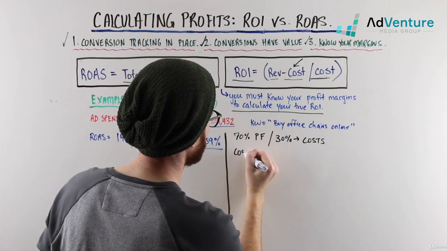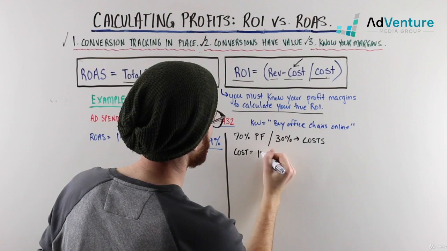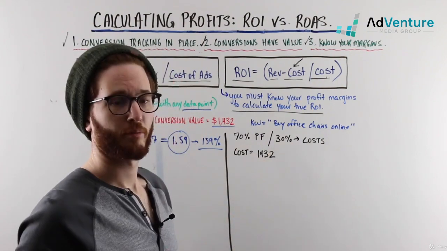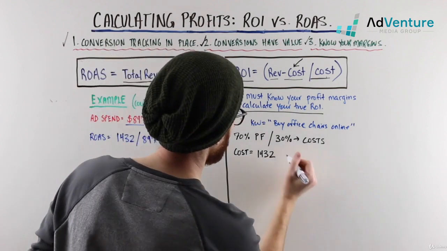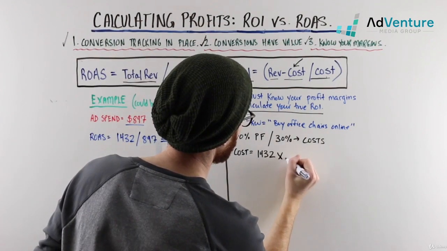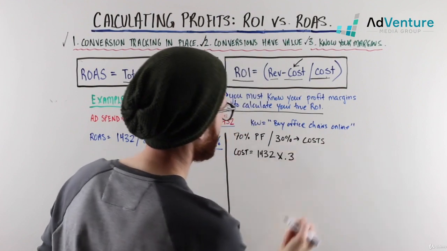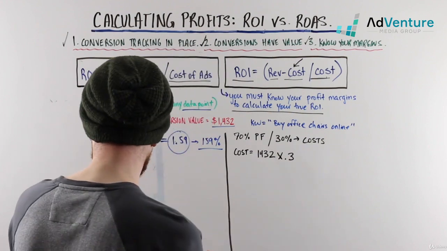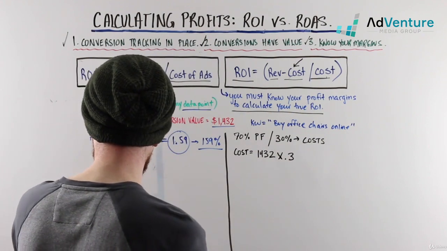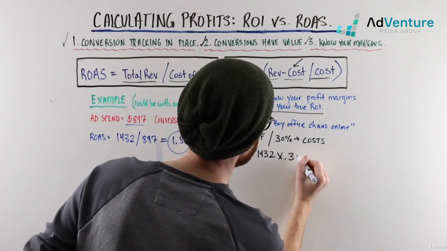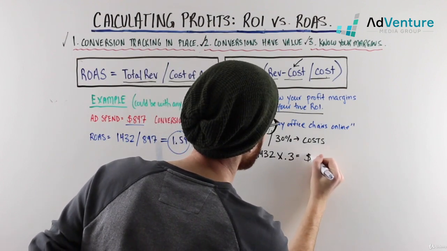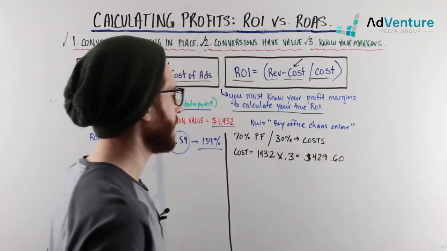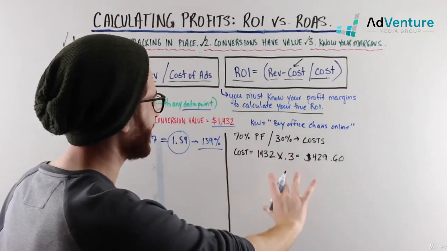So cost equals $14.32, which is our total revenue, multiplied by 0.3, because 30% is our cost of advertising. So what's 14.32 multiplied by 0.3? That comes out to, and once again you can check it up, $429.60. Okay?